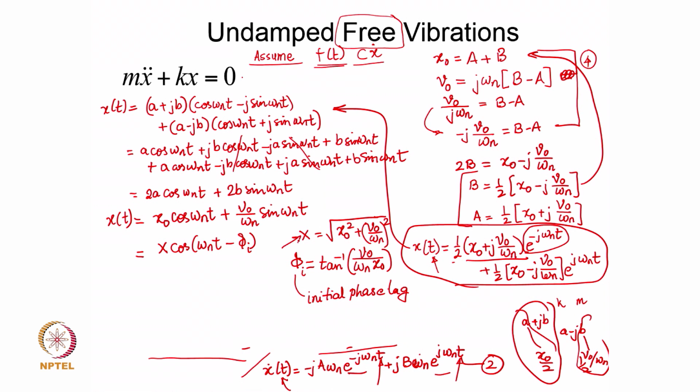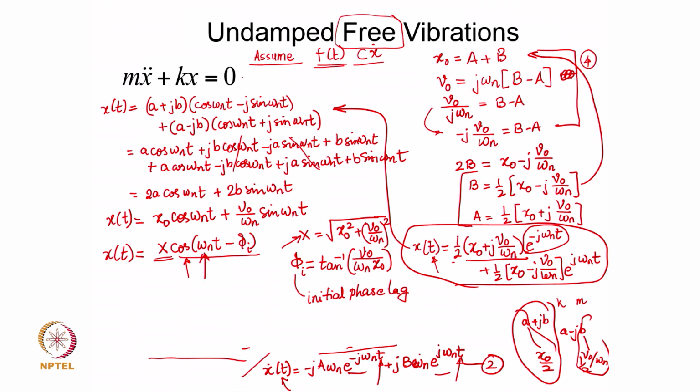X represents the amplitude with which the response is going to occur. So, it is going to have an amplitude of capital X, and the free vibration response is going to vary with time harmonically because of the presence of this cosine term here, and it happens with the frequency of omega n.